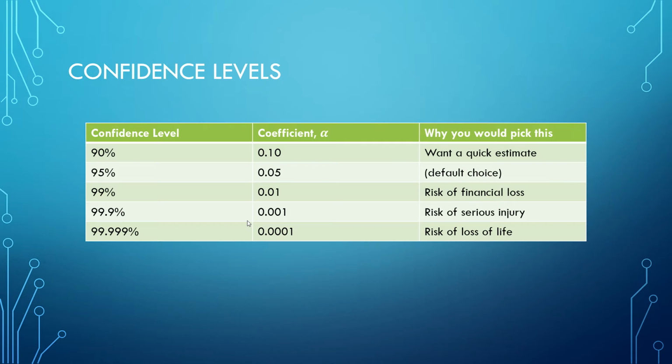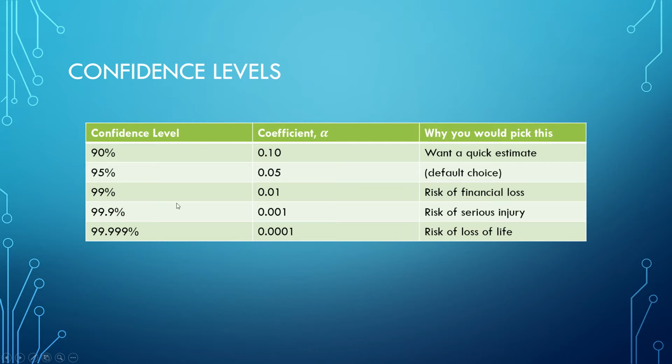That's the industry standard. If you don't know any better, you don't have a specific preference one way or the other, 95% is a good confidence level to shoot for. If you're going less than that, you totally can, and that will be good for giving a quick estimate where you're okay with being wrong. That's totally fine. You can go under 95%.